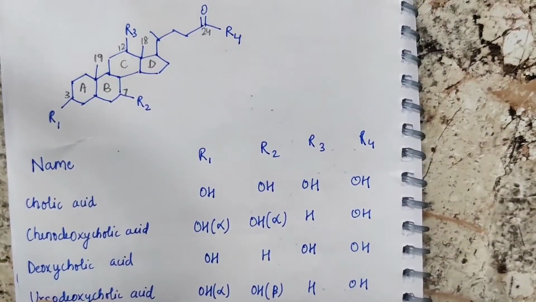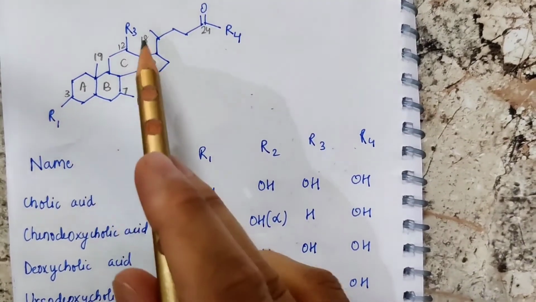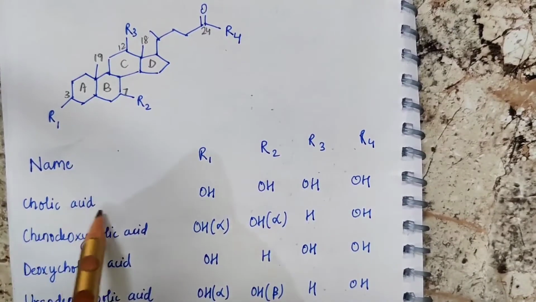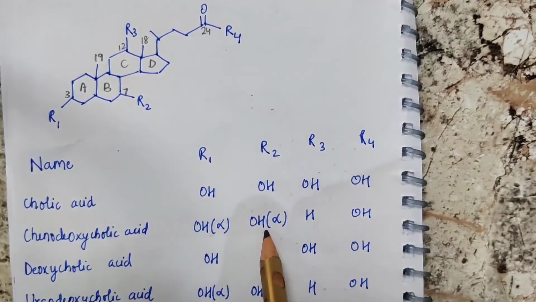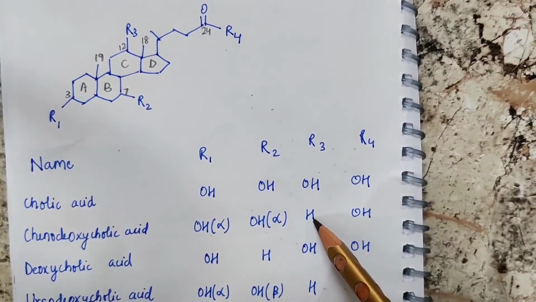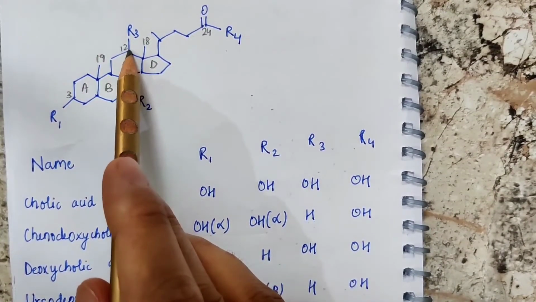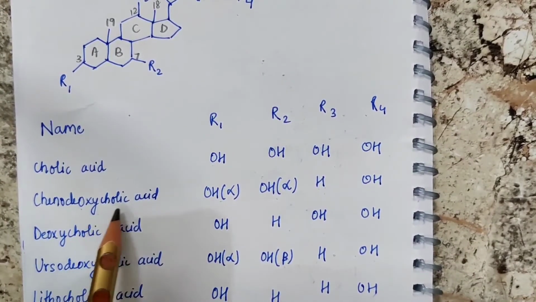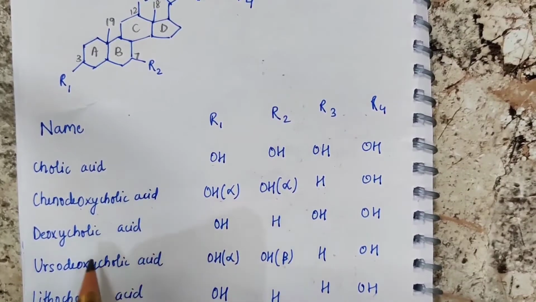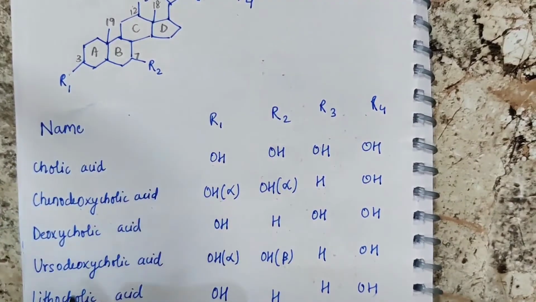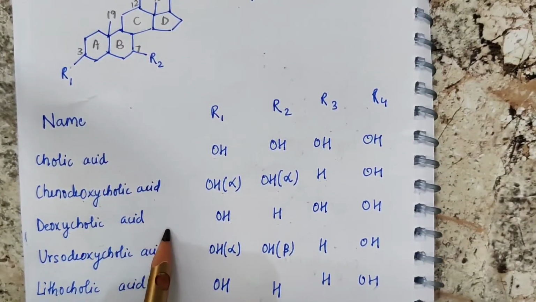But for the other 3, R1, R2, R3, if all 3 are OH, then it is called cholic acid. If the first 2 are hydroxy and those 2 are alpha, alpha means below the plane, and R3 is hydrogen, then it is called chenodeoxycholic acid. Again, if R2 is hydrogen and the other 2 are hydroxy groups, then it is called deoxycholic acid.